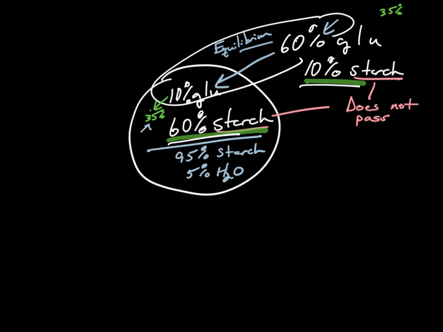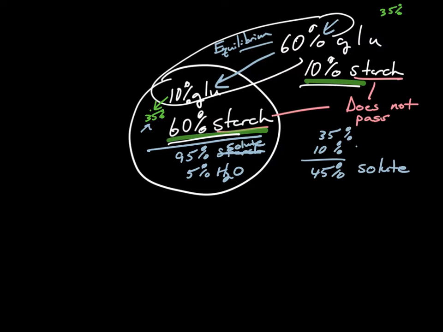Now with starch, it's 10% outside, and 35, so 35 for glucose percent, of course, plus 10% starch is going to be 45% total, right? And this is solute. And I made a mistake here because this isn't starch, this is solute.